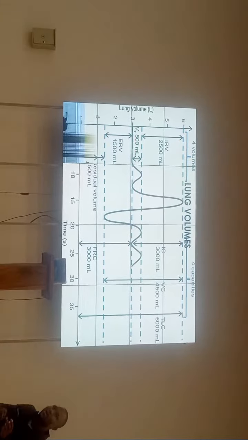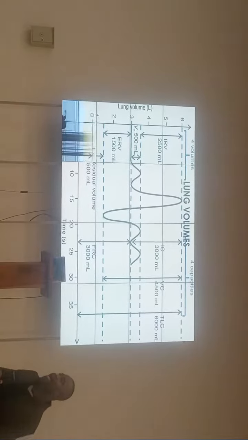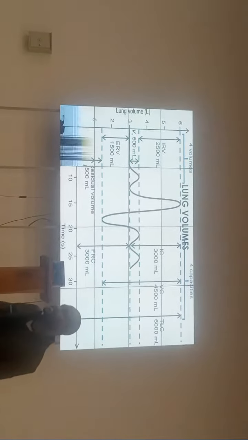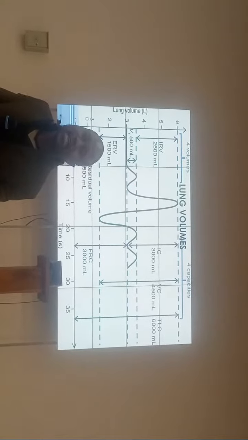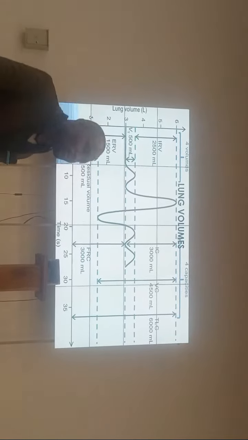PEFR is important in assessing for asthma. If a patient has a high risk for asthma or a very severe asthmatic attack, the PEFR will be high. And if a patient has a low or a mild type of asthma, then the PEFR will also be lower.